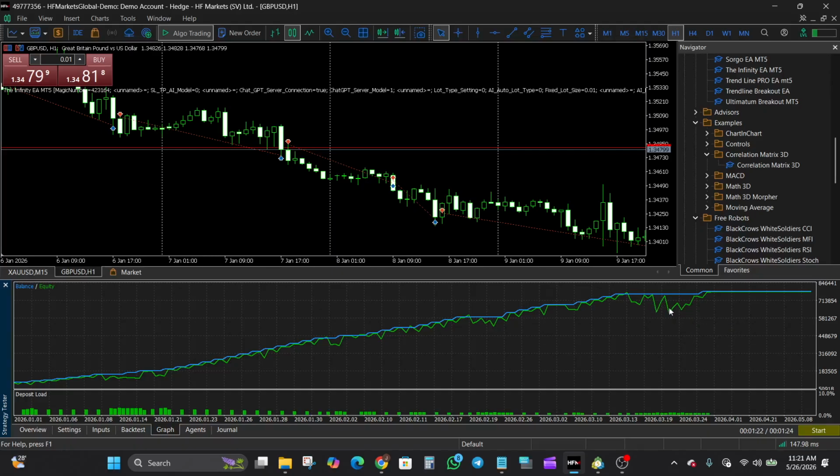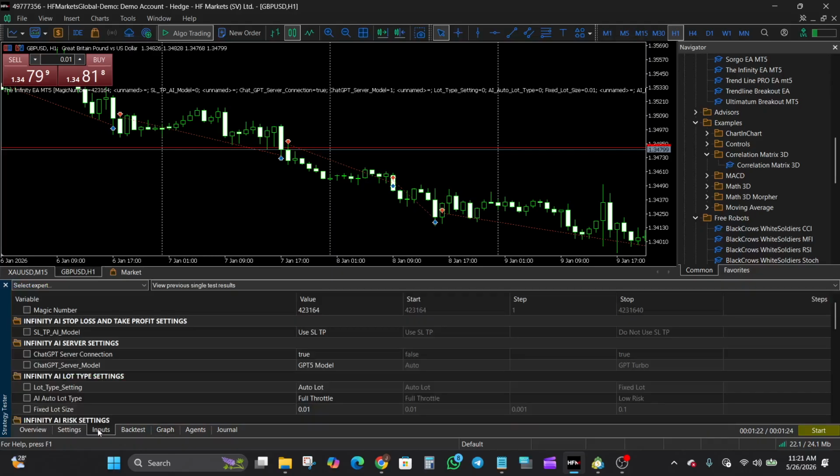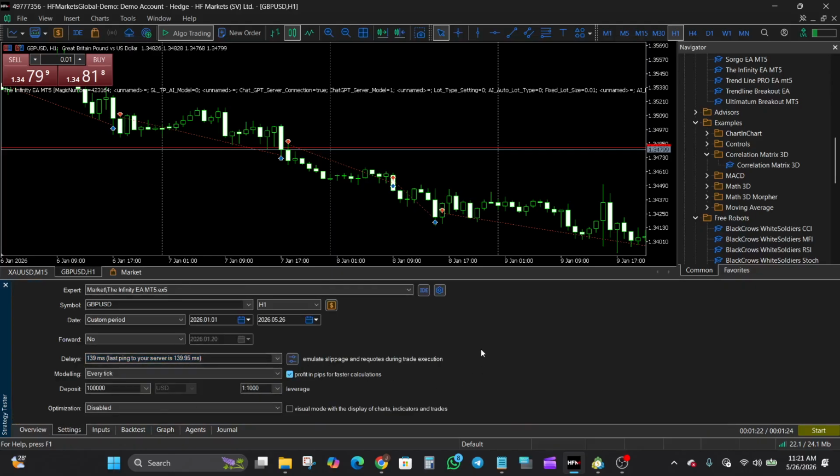Yeah, the drawdown was actually significant at this point, I would say, but overall it was more like a gentle slope going upwards. But at the end of the day, the EA does not guarantee future results.